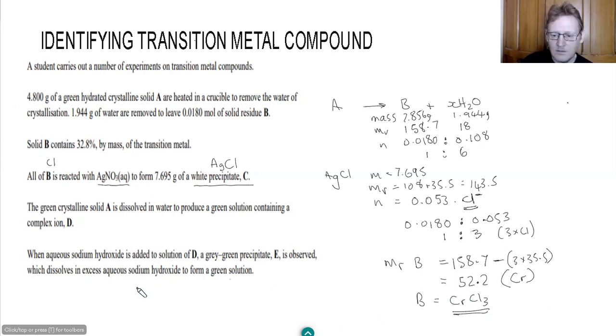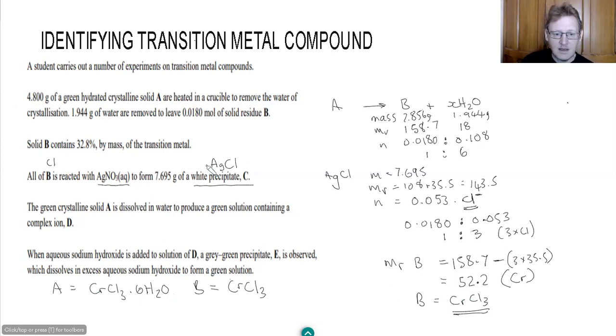And therefore we know that A was B with waters of crystallization. So CrCl3 with 6 H2Os. B is CrCl3.